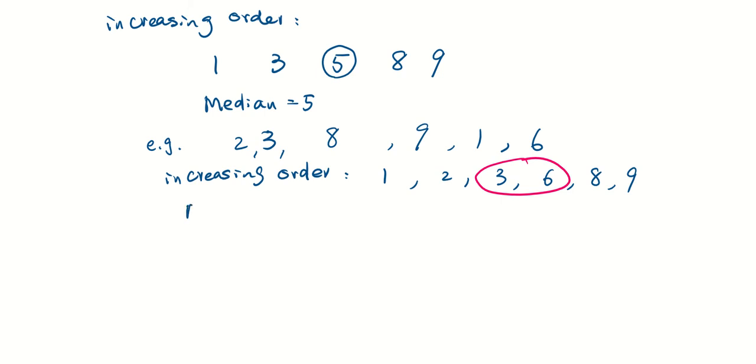So in this case, the median for this data set is 3 plus 6 divided by 2. Just find the mean of those 2 numbers. That will be 9 divided by 2, 4.5 will be the median.